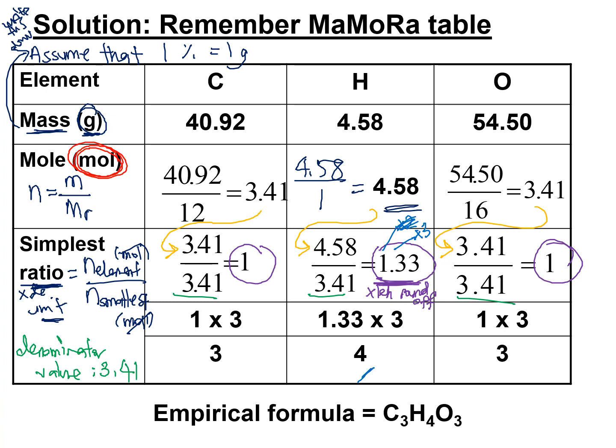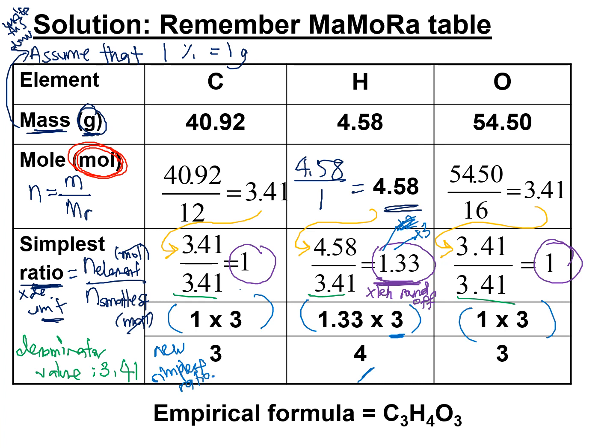Bila you kalikan 3 dapat nombor bulat, that means faktor yang kamu boleh membuatkan dia jadi nombor bulat adalah 3. Okay, bila you kalikan 1.33 ni dengan 3, makanya you need to also kalikan semua simplest ratio yang kita dapat sebelum tu dengan 3 supaya you dapat the new simplest ratio dalam bentuk nombor bulat.